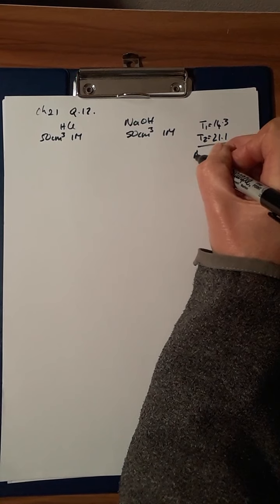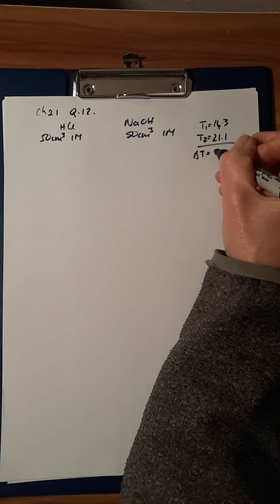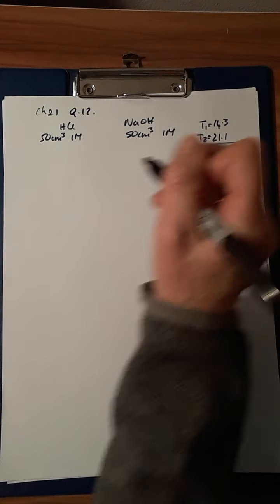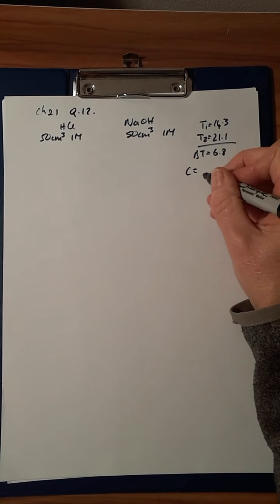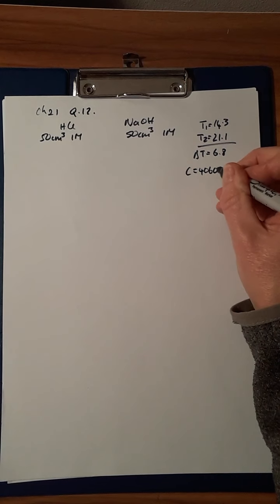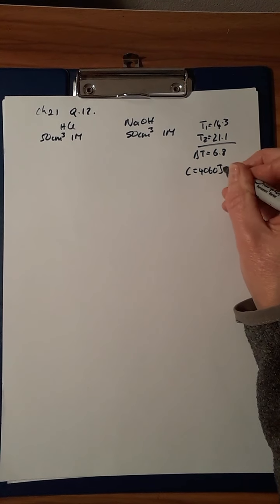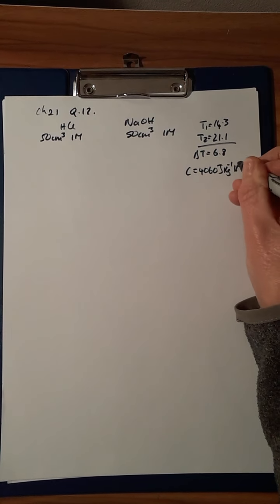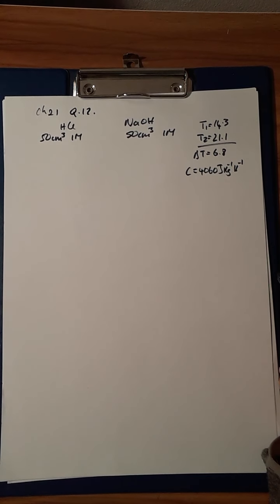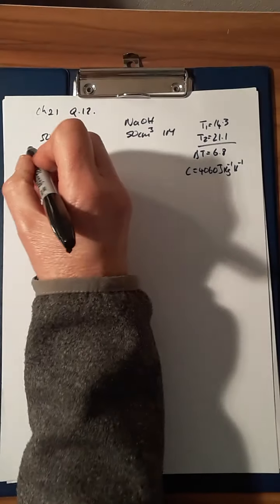That means the temperature change from start to finish was 6.8 degrees. It tells you that the specific heat capacity of the solution is 4060 joules per kilogram per Kelvin. And you've got to find the heat of neutralisation. So calculate the heat of neutralisation.